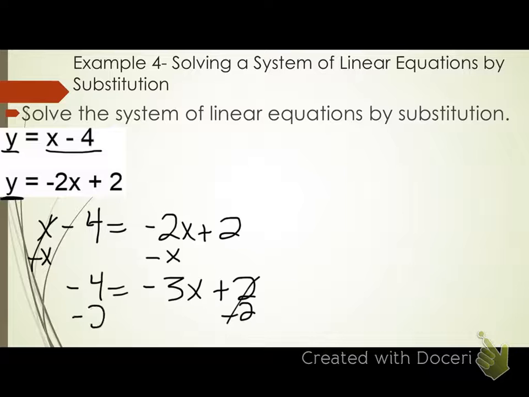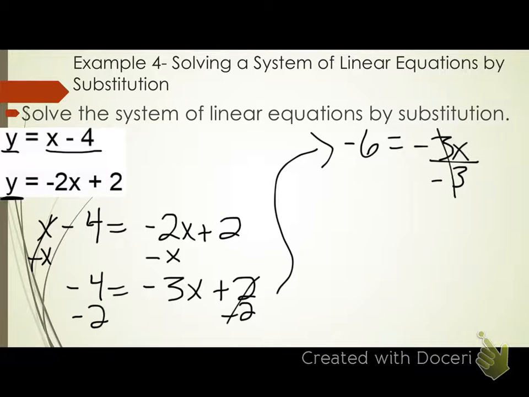Still trying to solve for x here. Negative 4 minus 2, negative 6 equals negative 3x. And how do I get x by itself? Divide by negative 3. What does x equal? 2. x equals 2.